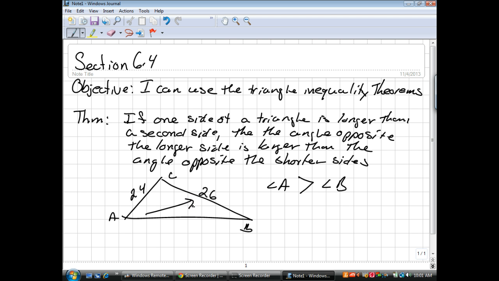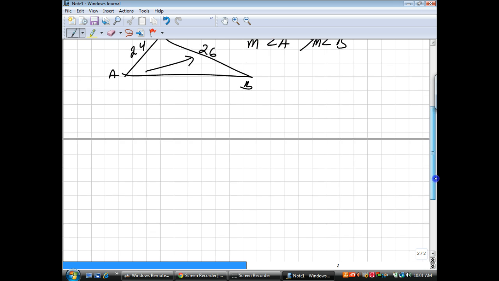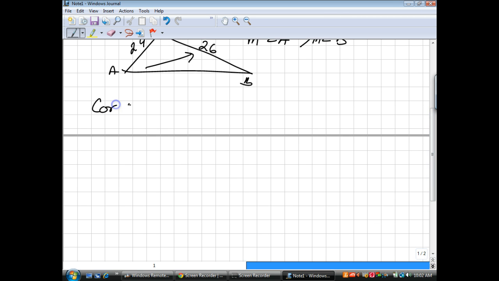So the measure of angle A has to be greater than the measure of angle B. And then there are a couple corollaries that go with this.